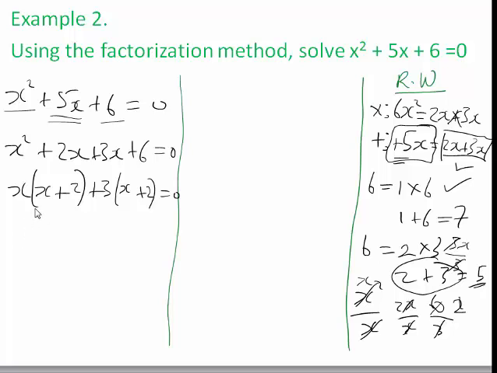Here we have x + 2 and x + 2, so x + 2 is common. We single it out and do the same thing again. We now say x into (x + 2) divided by (x + 2).